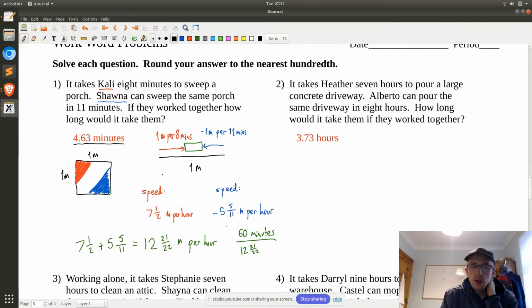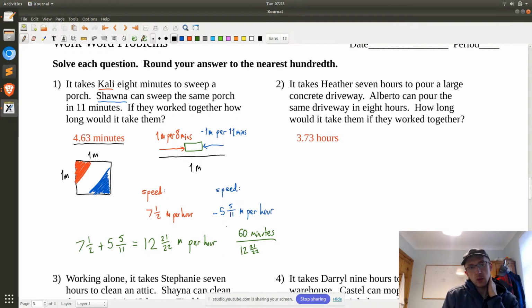Right, so over here, first we figured out the speed of Kali, and over here we figured out the speed of Shauna. The speed of Kali was 7.5 meters per hour, and we could have done that in per minutes.